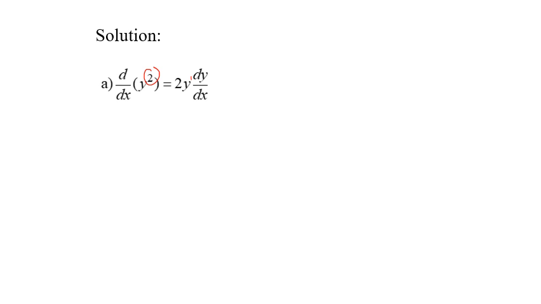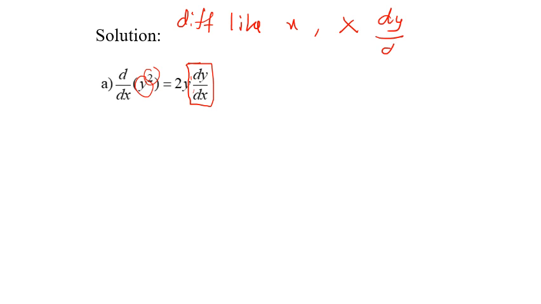So we get 2y. And we have to multiply with dy dx because the term is y. So remember this: if you differentiate y, we differentiate like x, and we need to multiply with dy dx.